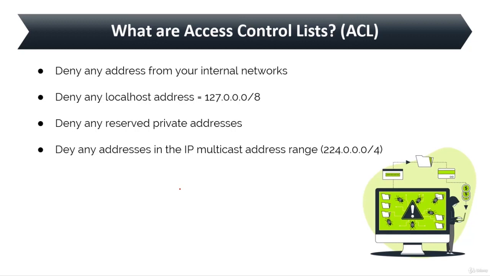Now, when configuring access control lists between the internet and your private network to mitigate security problems, it is a good idea to deny any address from your internal networks, deny any local host addresses, deny any reserved private addresses, and deny any addresses in the IP multicast address range, that is 224.0.0.0/4.